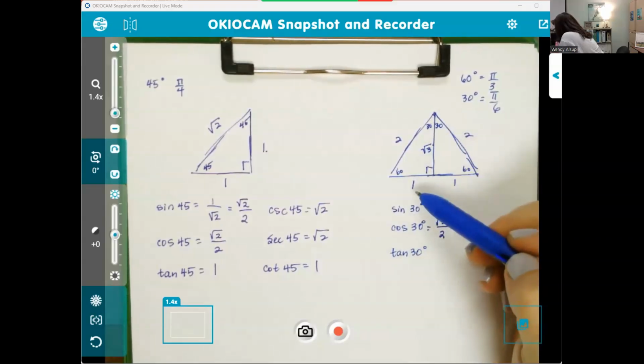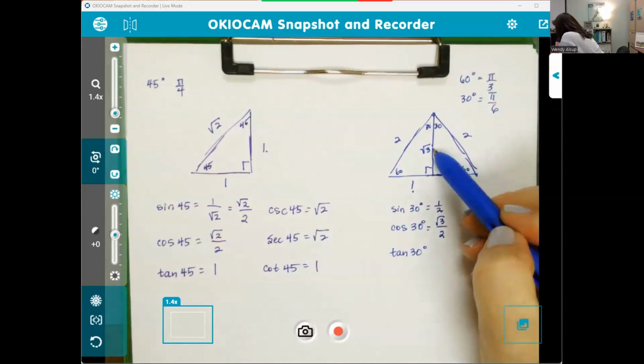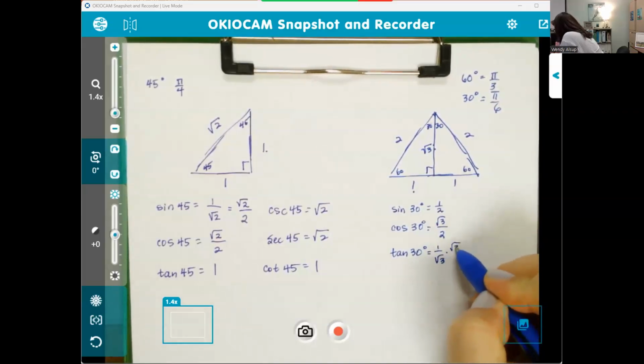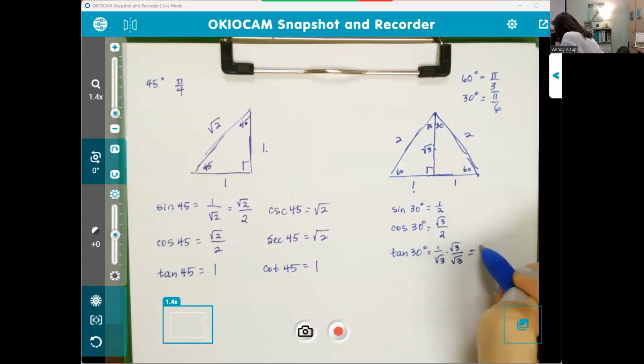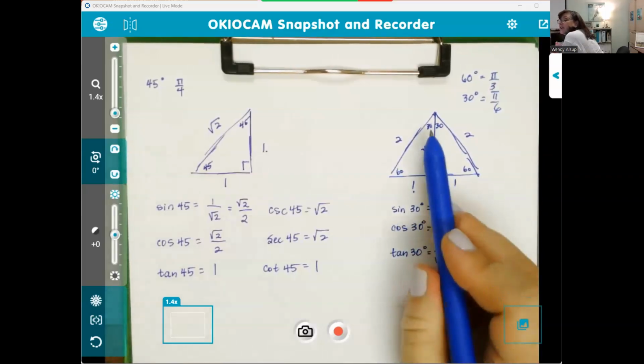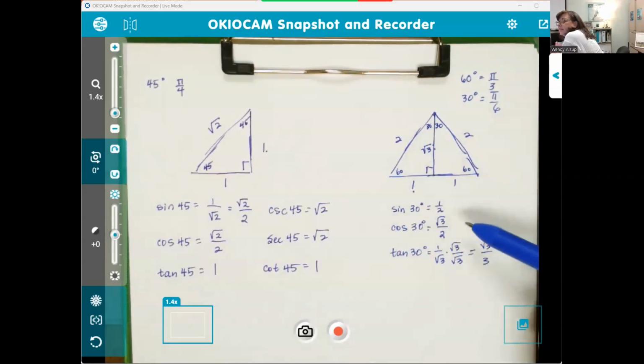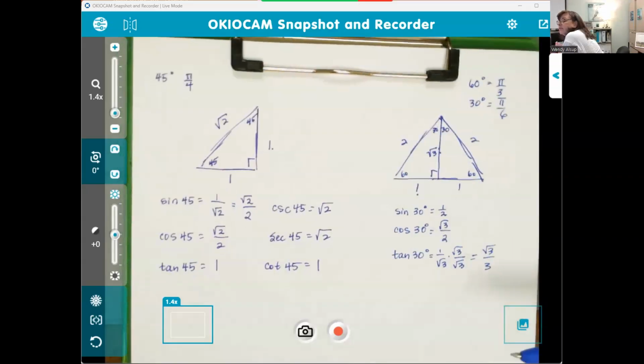Tangent of 30 will be the opposite over the adjacent, 1 over root 3, which we will rationalize and get root 3 over 3. Okay, sine, cosine, and tangent of the 30. To get cosecant, secant, and cotangent, we're just going to invert them all.